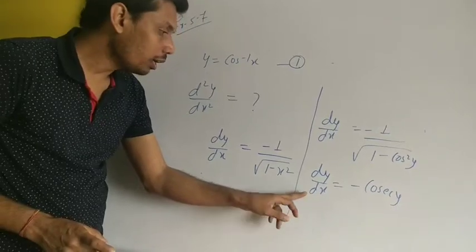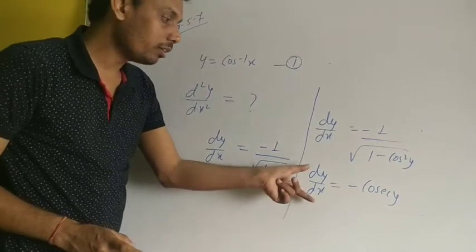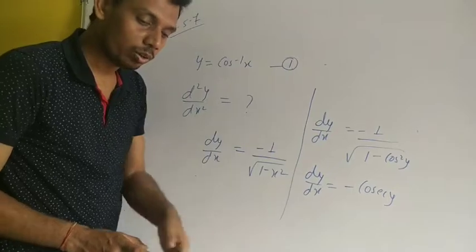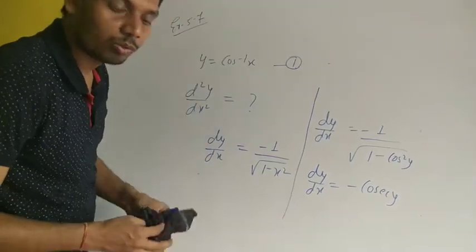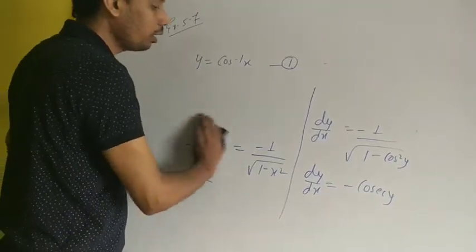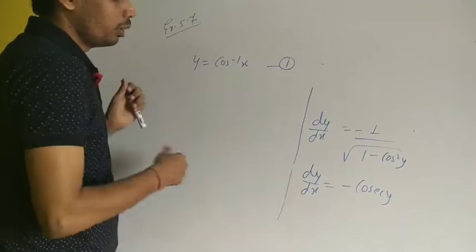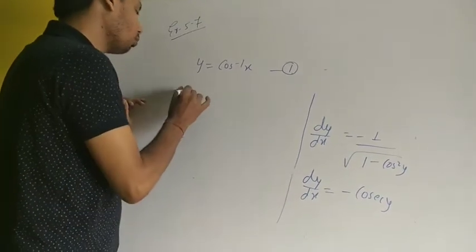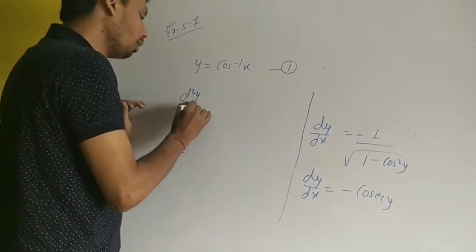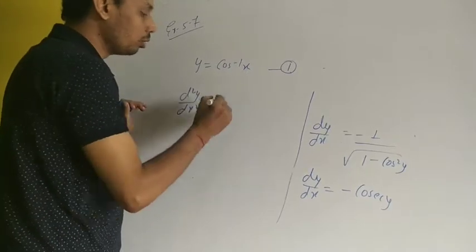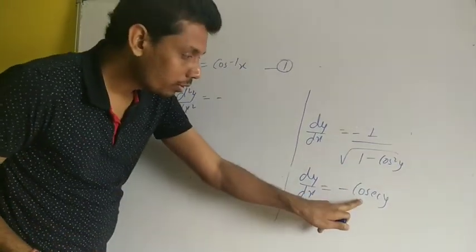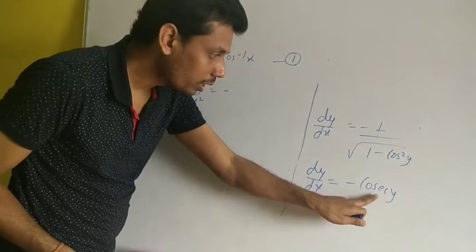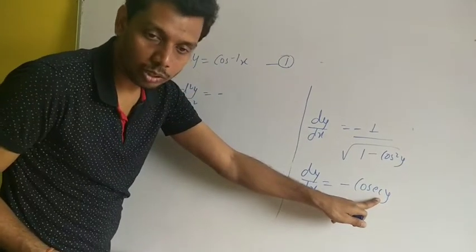So now let us again differentiate this dy by dx with respect to x in order to get the value of d square y by dx square. If we differentiate this with respect to x, we will get d square y by dx square is equal to minus, now the differentiation of cosec y is what?